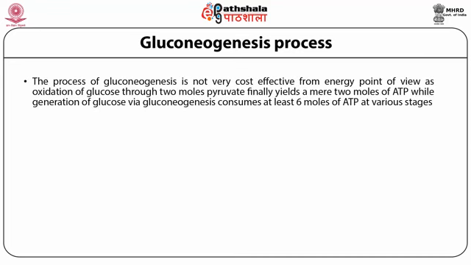The process of gluconeogenesis is not very cost effective from an energy point of view, as oxidation of glucose through 2 moles of pyruvate finally yields a mere 2 moles of ATP, while generation of glucose via gluconeogenesis consumes at least 6 moles of ATP at various stages.